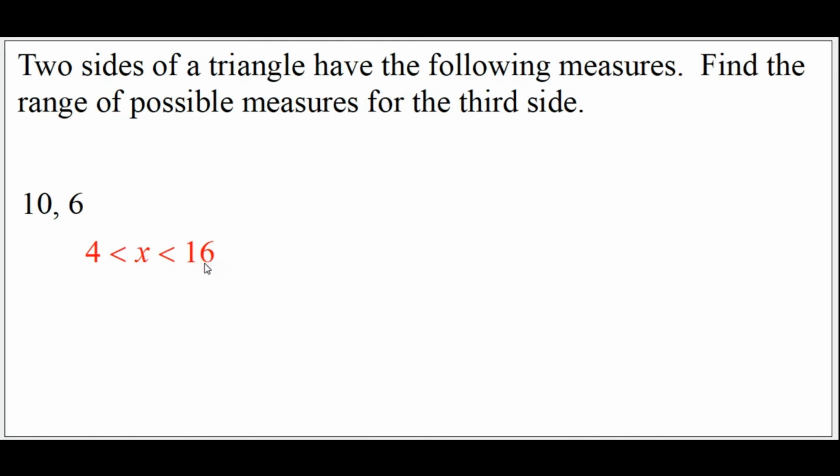Okay, so it's the same concept as I stated earlier. 10 minus 6, that would be 4, and 10 plus 6, that would be 16. 4 is not allowed, because if we add 4 and 6, that would be 10, and as I said, the third side should be greater than 10.